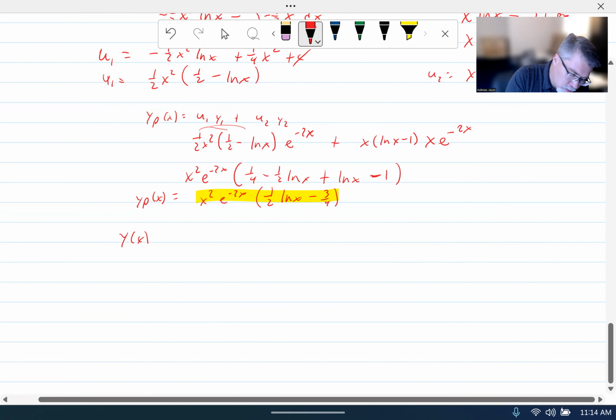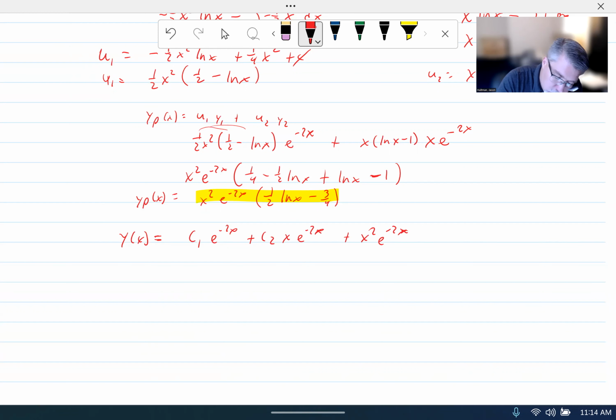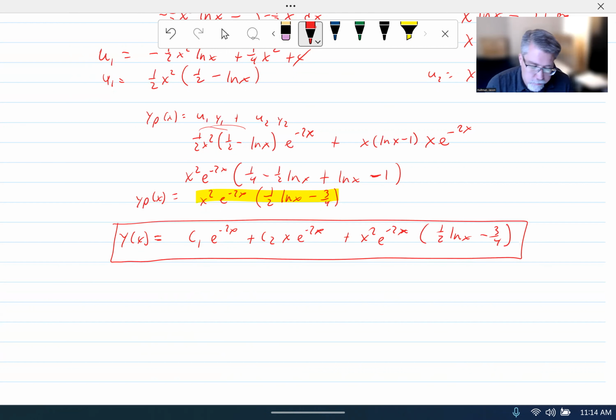So y of x is equal to c1 e to the negative 2x plus c2 x e to the negative 2x plus x squared e to the negative 2x times 1/2 natural log of x minus 3/4. And that would be my solution. Okay. And if you really wanted to, you could factor out an e to the negative 2x out of the whole thing, but I think that's good enough for right now.